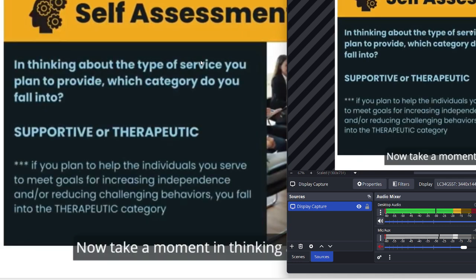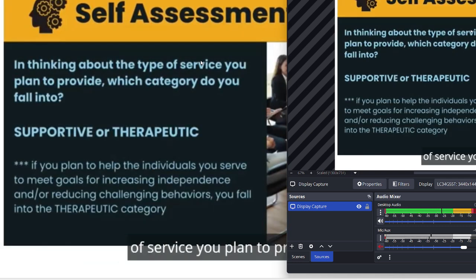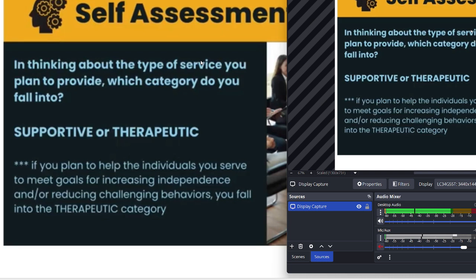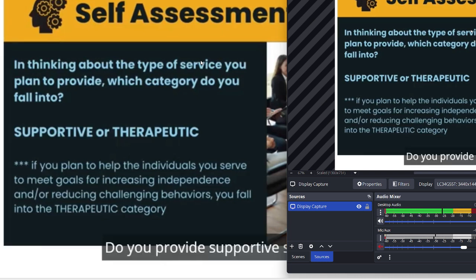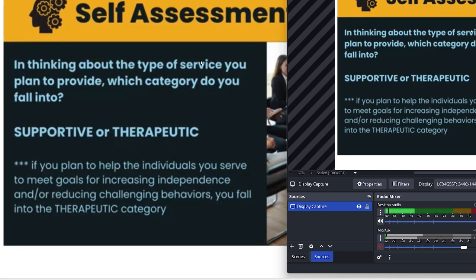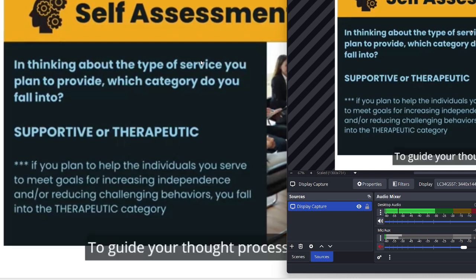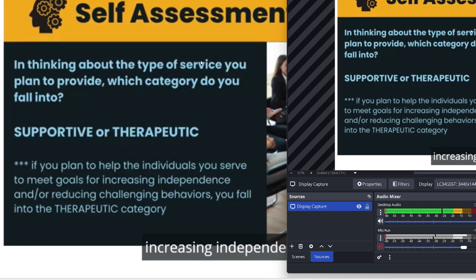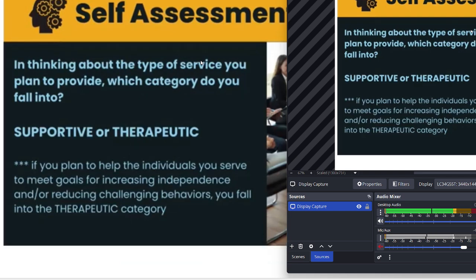Now take a moment in thinking about the type of service you plan to provide. Which category do you fall into? Do you provide supportive services or therapeutic services? To guide your thought process further, you may consider that if you plan to help the individuals you serve to meet goals for increasing independence or reduce challenging behavior, you would fall into the therapeutic category.